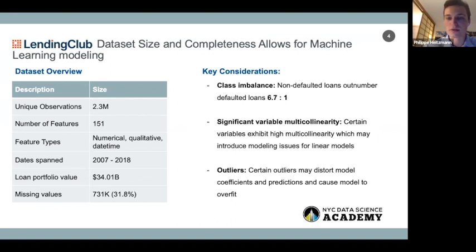That could be a really big issue in classification problems like these, where it's important to accurately find and predict the minority class, which are loan defaults, which are going to lose investors a lot more money.